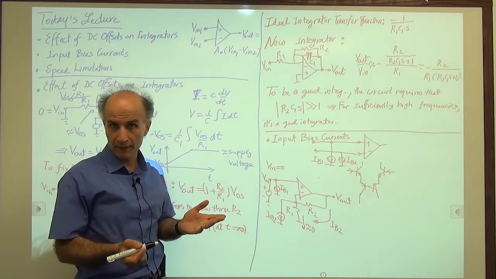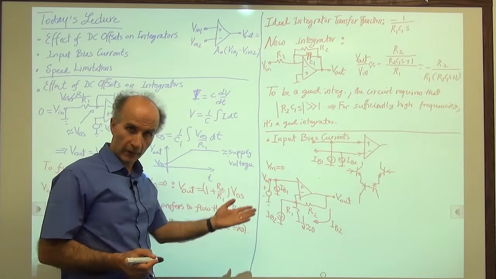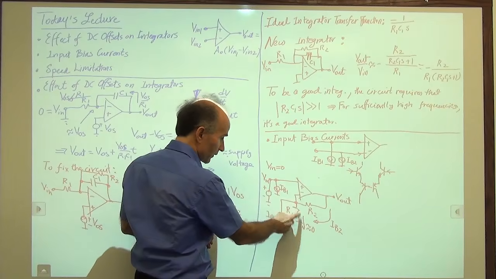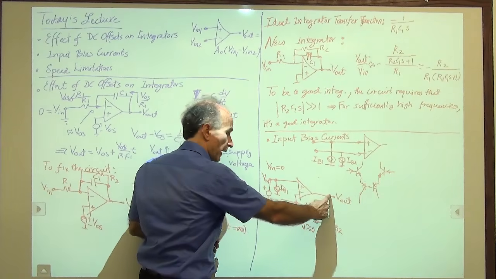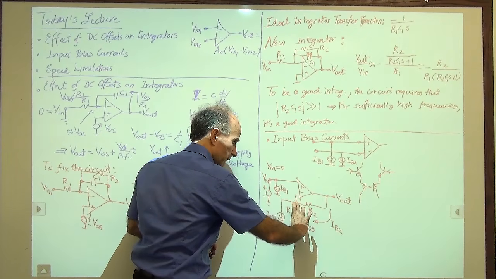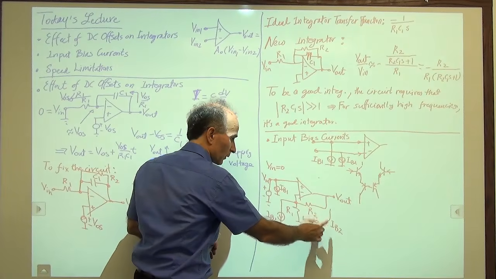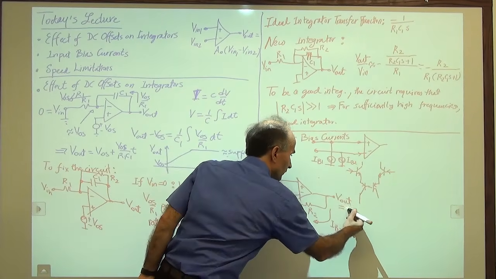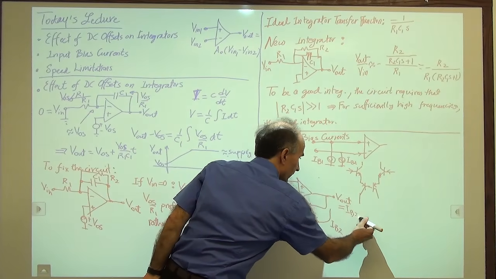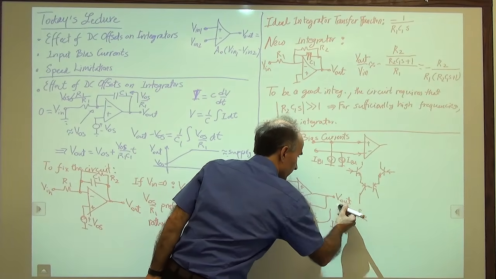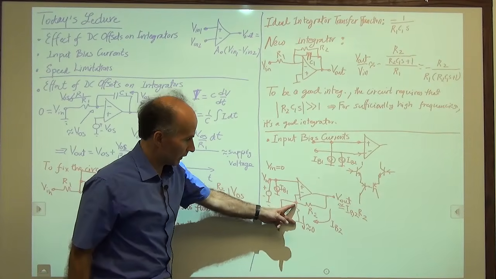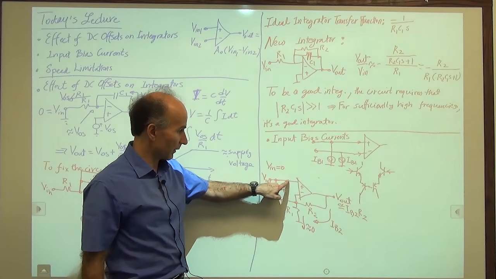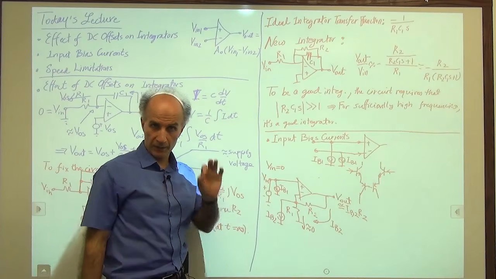That generates a voltage of IB2 times R2 from here to here. And this voltage is close to 0. So V out, which is this voltage plus this voltage, will be approximately equal to IB2 times R2, since the voltage across R1 is very small, because this voltage is approximately equal to this voltage, which we set to 0.